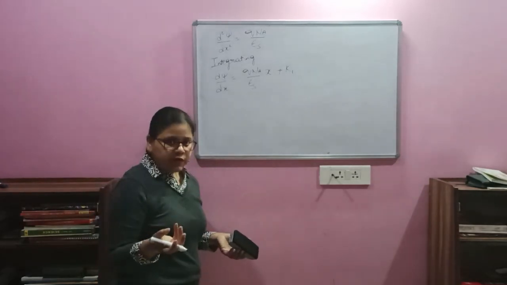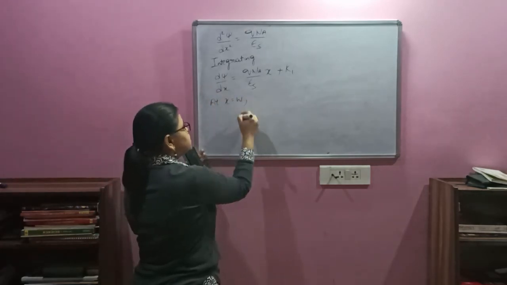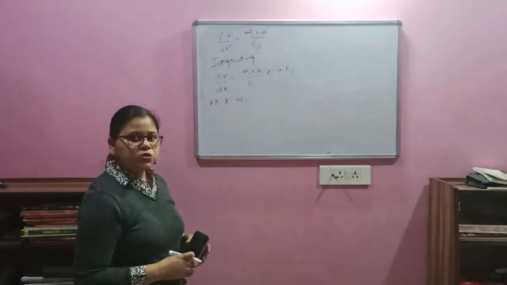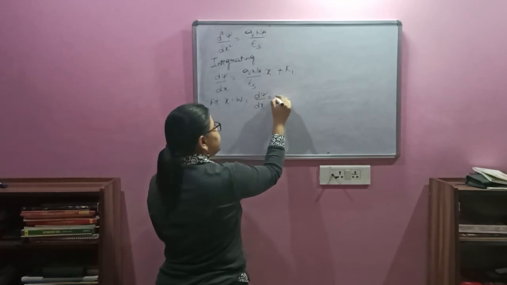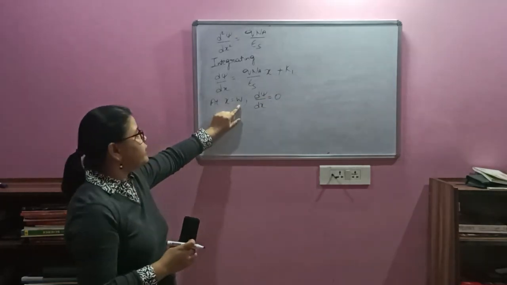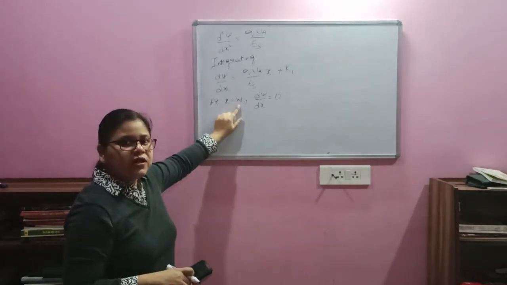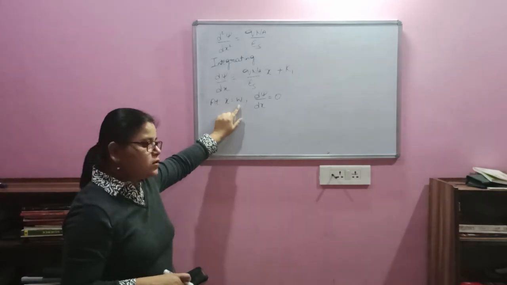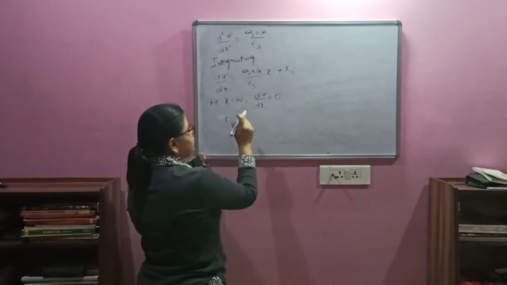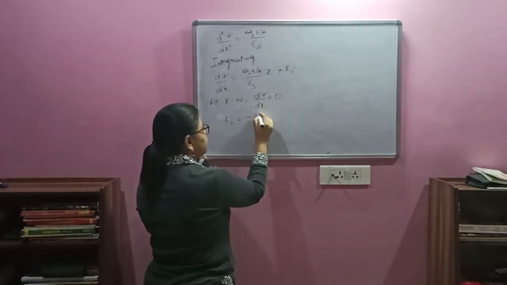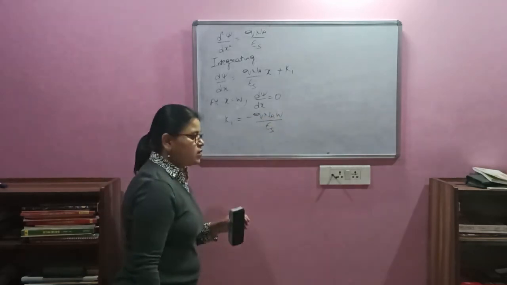To find the value of k1, I place a boundary condition at x equals to w. At x equals to w, d psi by dx equals 0, because this is the boundary where we have the bulk region, and in the bulk region the electric field generated will be 0. So therefore k1 will be equal to minus q Na w upon epsilon s.